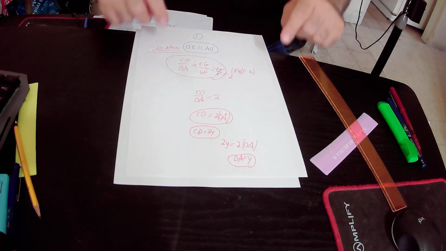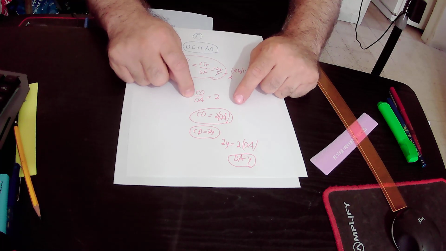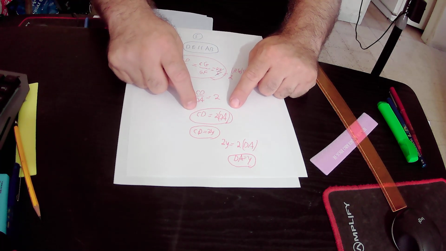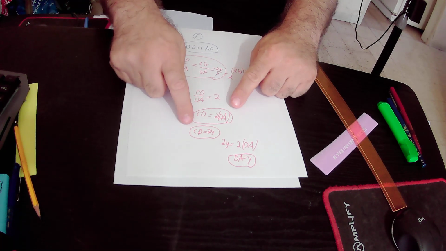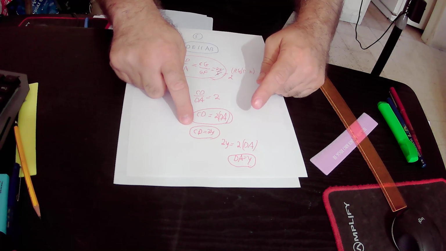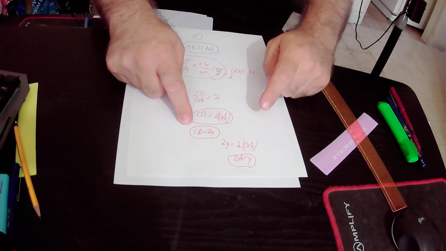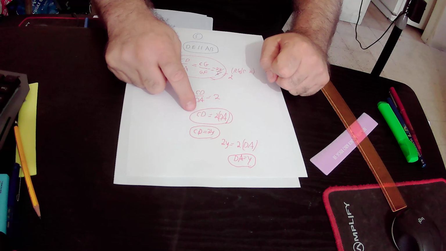If we multiply this equality by DA, we get that CD equals 2 times DA. So if we define CD as 2y, that is to say, if CD equals 2y, we can substitute CD by 2y.